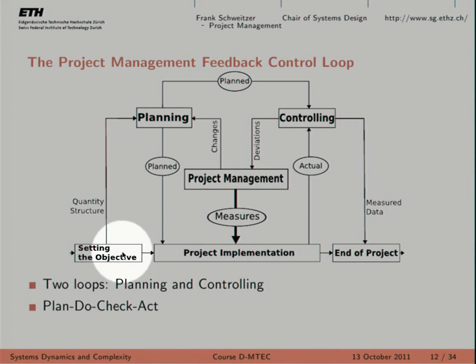This is our typical problem-solving cycle. So you set your objective, you come up with solution approaches, and then you implement whatever solution, and this is the end of the project, right? So this could be just one little phase of your project. It could be just one little task in your project, like produce whatever software library.